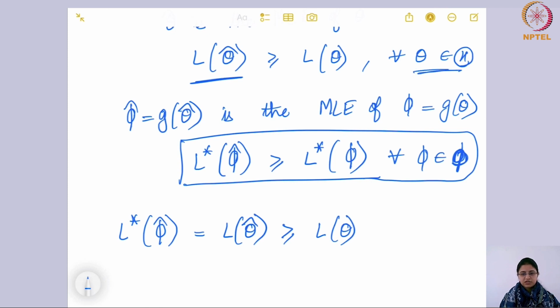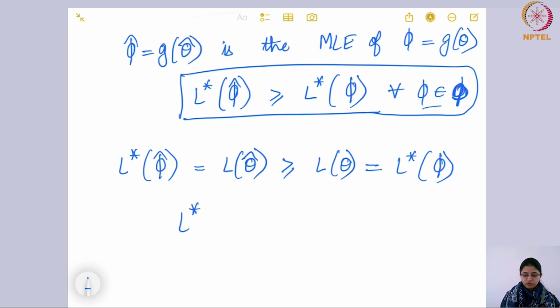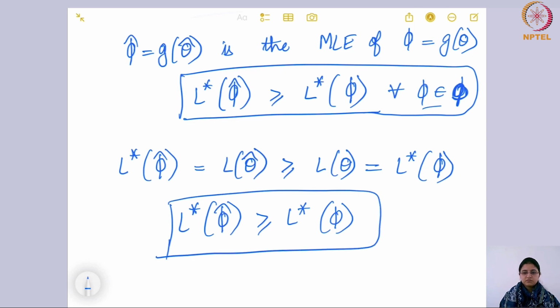Now the likelihood function corresponding to theta, or to phi, would be the same thing for every phi in this parameter space. So basically what you have proved is that L star of phi hat is greater than or equal to L star of phi, and this is what you wanted to show.